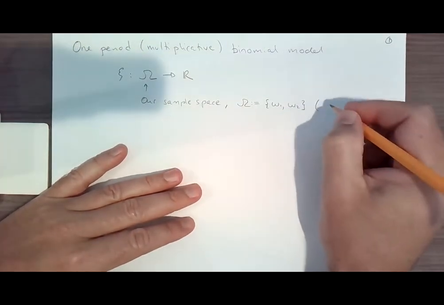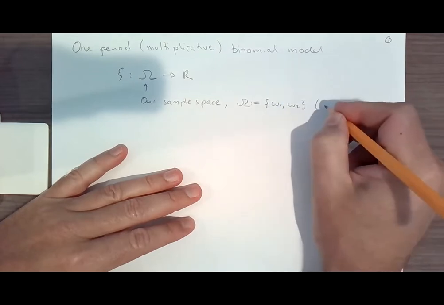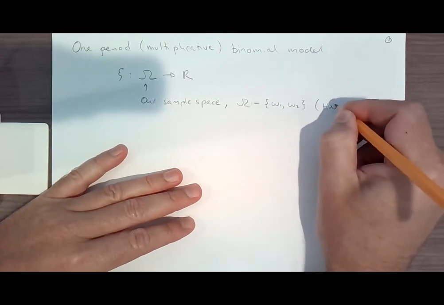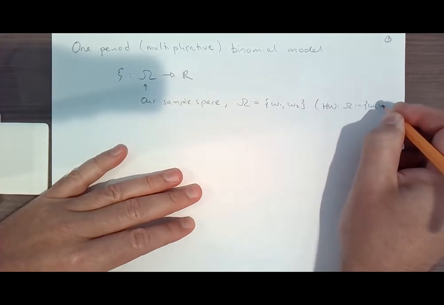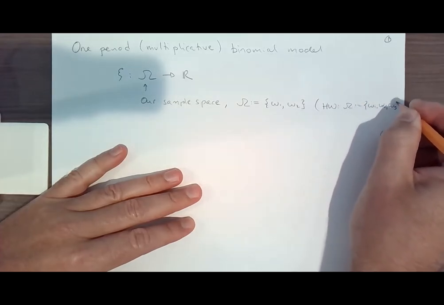In the homework, there's also one that has 3 points, omega 1, 2, and 3.